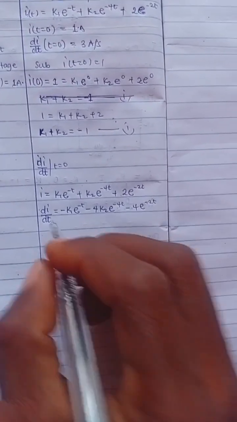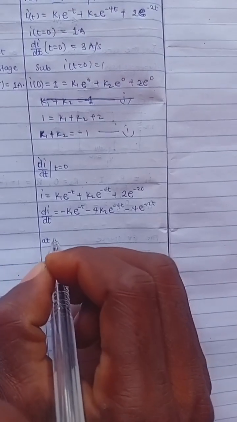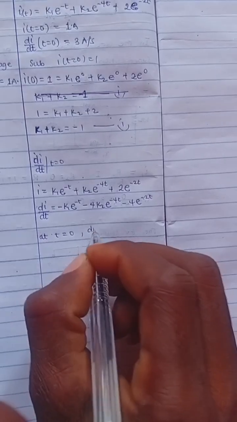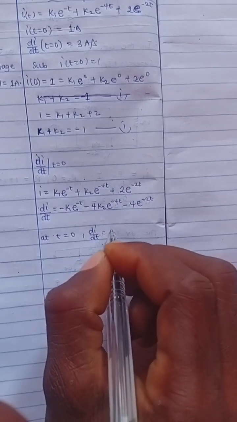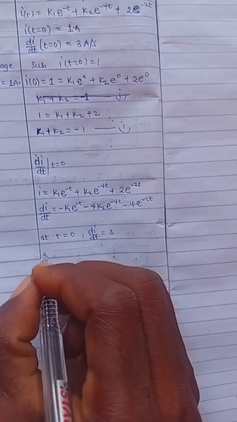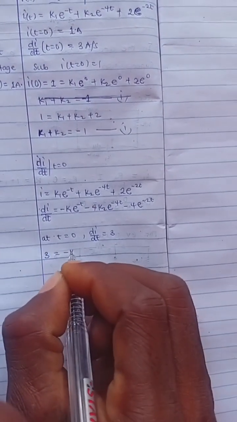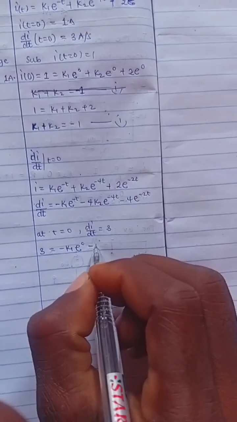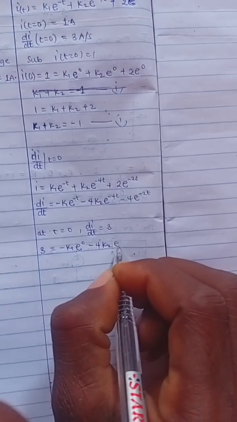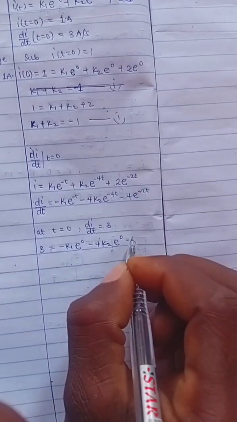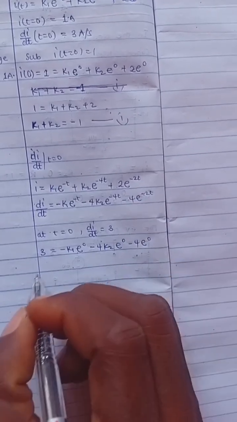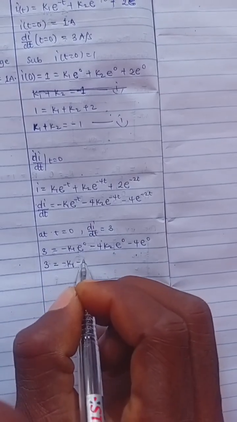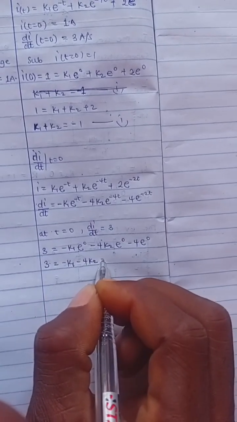So remember you substitute t equals 0, we have that dI/dt is equal to 3 from here. So we have 3 equal to minus k1 exponential 0, because we are substituting t equals 0, minus 4k2 exponential 0, minus 4 exponential 0. So this gives 3 is equal to minus k1 minus 4k2 minus 4.